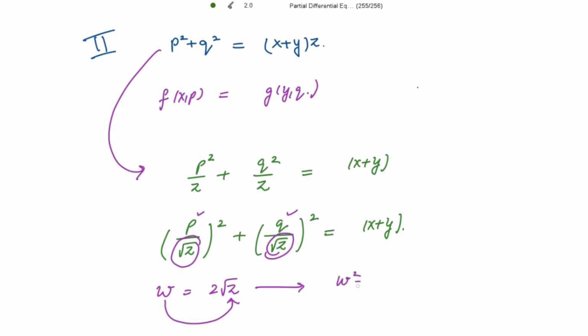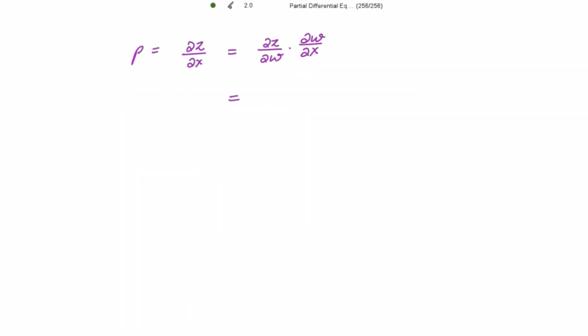Squaring both sides, z = w²/4, and now we can find ∂z/∂w, which is 2w/4, that is w/2.